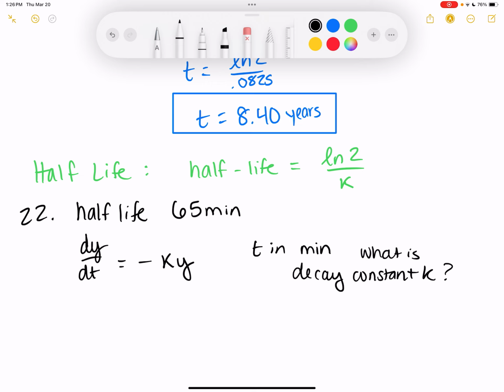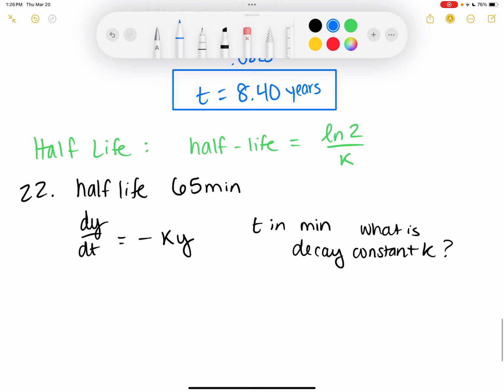This seems like something you should have to do a dramatic amount of work for, but you don't. The half-life is 65. It's equal to the ln of 2 over k.